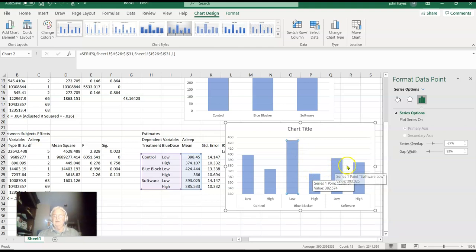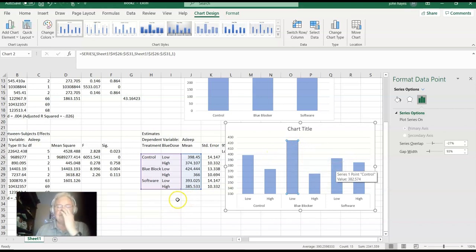In the software, it didn't really matter. Remember, that was the flatter line in the output. It's a little bit better with high dose, but not much. So the software does a little bit better sleeping with the low dose. Well, it actually does worse sleeping with the low dose than the blue blockers.